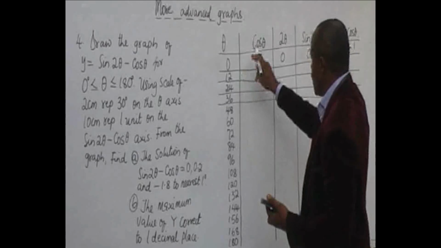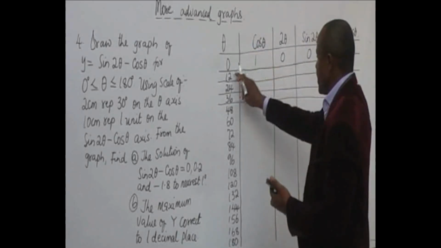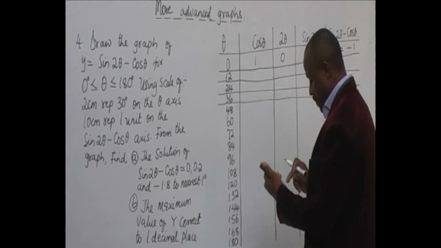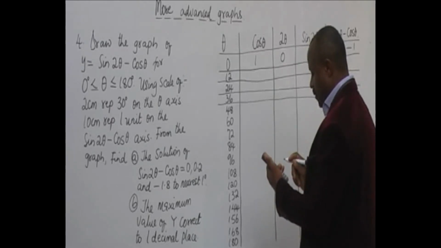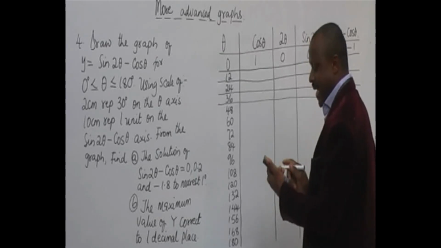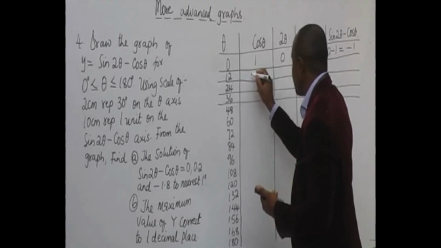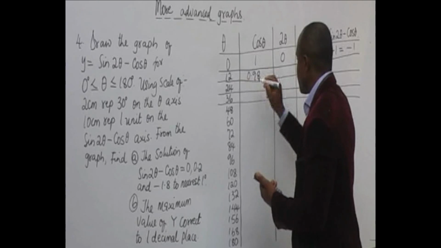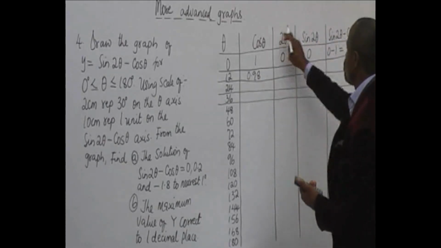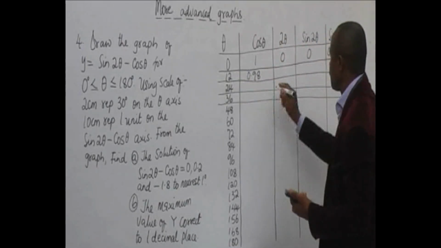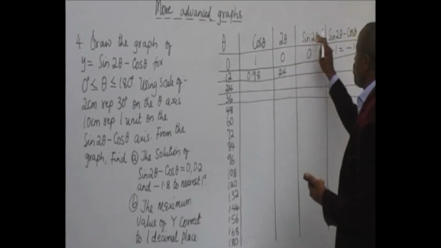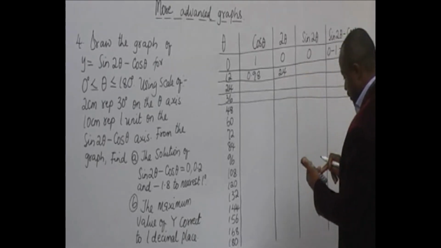Second column, we have 12. Then cos theta. That means cosine 12. Let's find cosine 12. We have 0.978, which will give us 0.98 in 2 decimal places. Now, 2 theta means 2 times 12, which will give us 24. Sine 2 theta means the sine of 24.